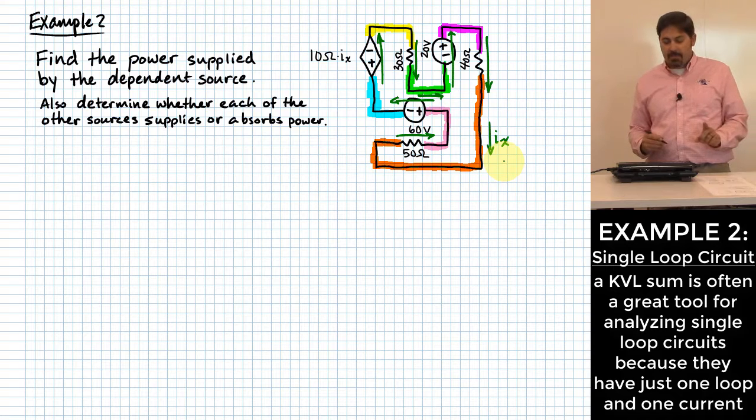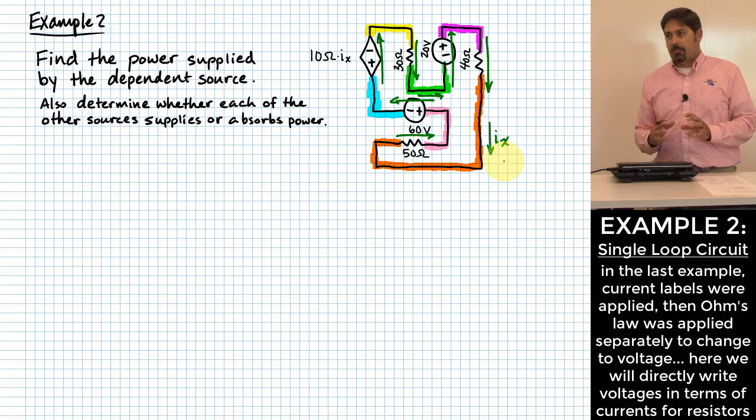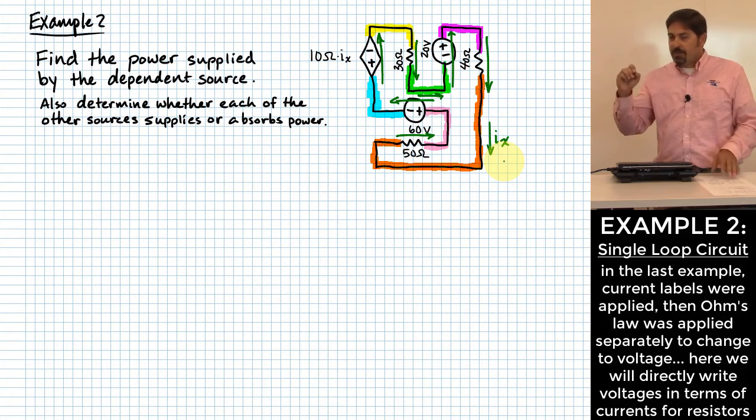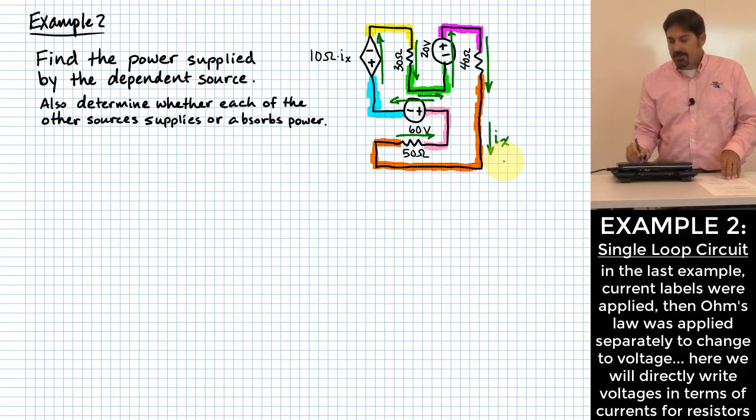And in the interest of time, I'm going to condense one of the steps I did on the last example. You might have noticed on the last example, I labeled voltages on every single one of my elements. The analogy of that to this problem would be labeling currents everywhere that I went.